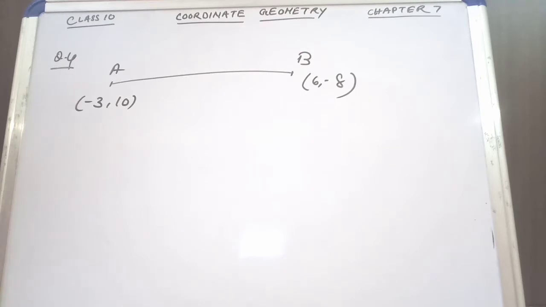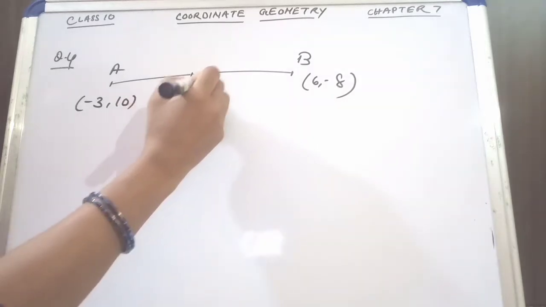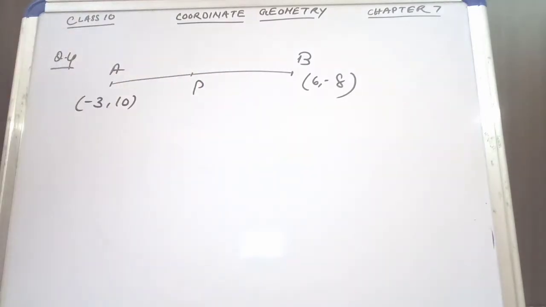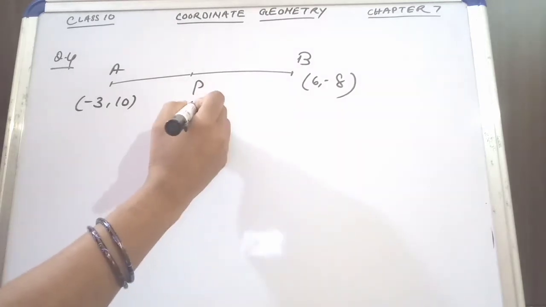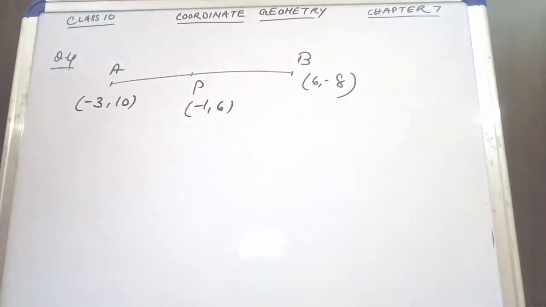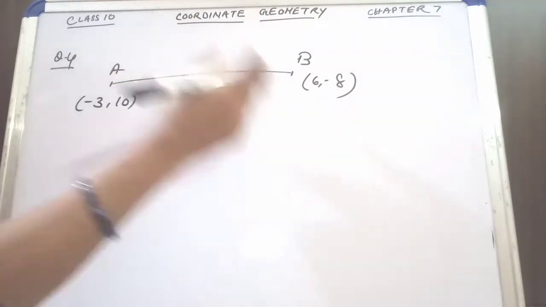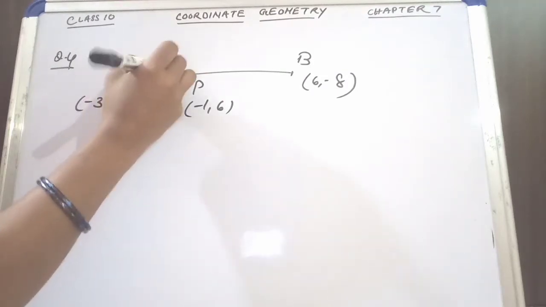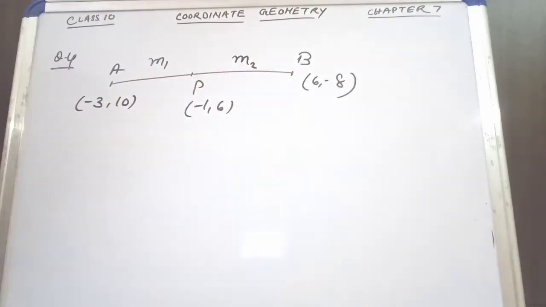And suppose this line is divided by a point P, and given that coordinate of P is (-1, 6). So you have to find the ratio AP is to PB. Suppose this ratio is m1 is to m2.